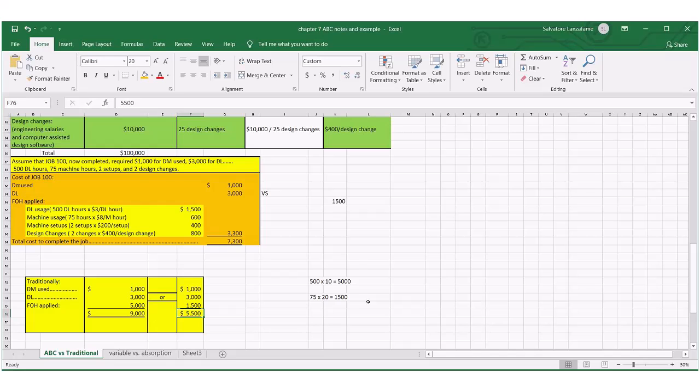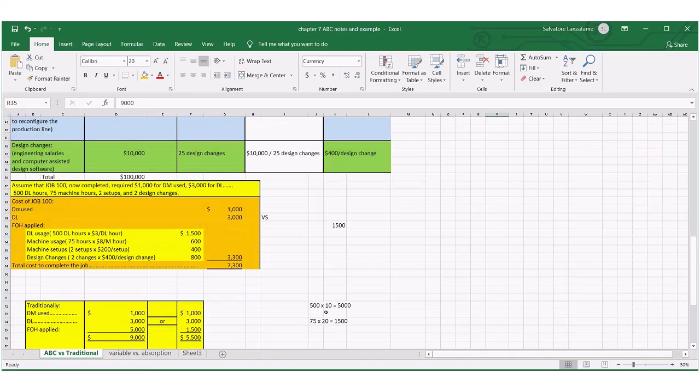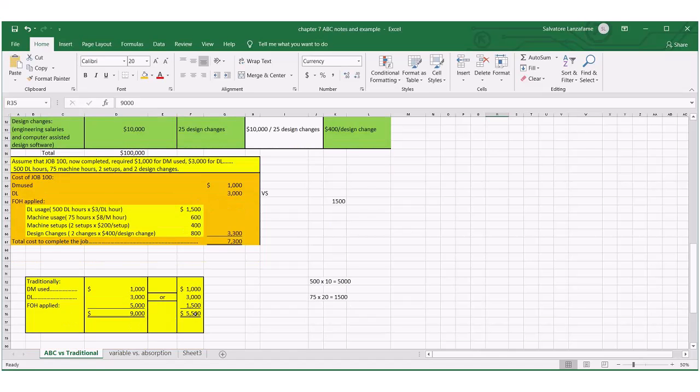Okay. So again, if we were doing it using just direct labor hours, 9,000 would be our total. If we were using just machine hours, 5,500 would be our total.